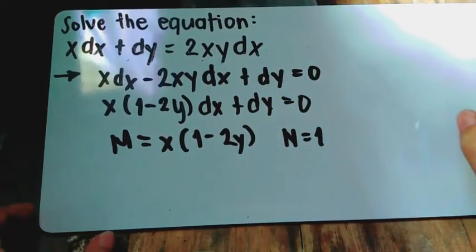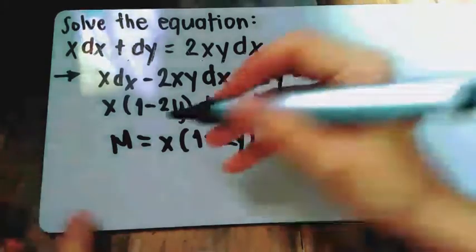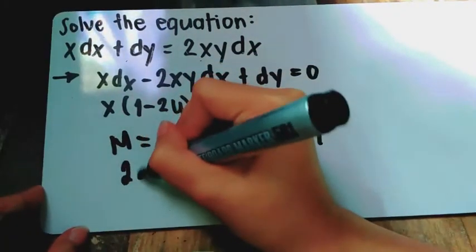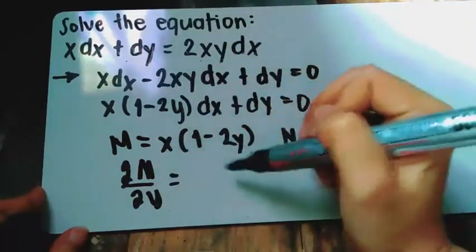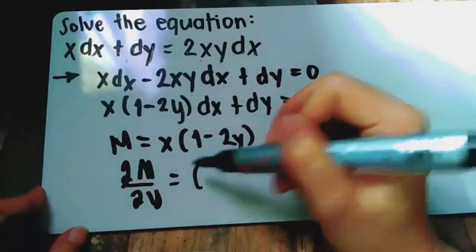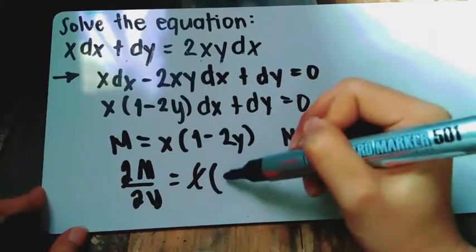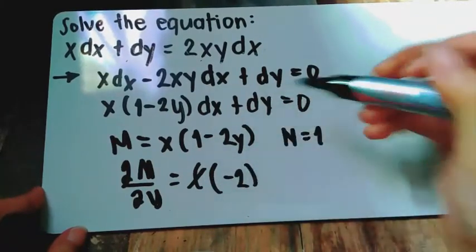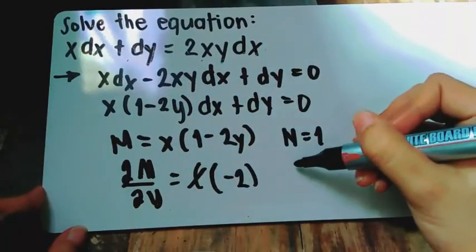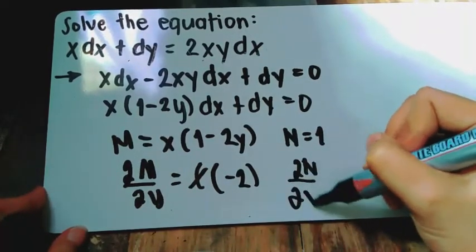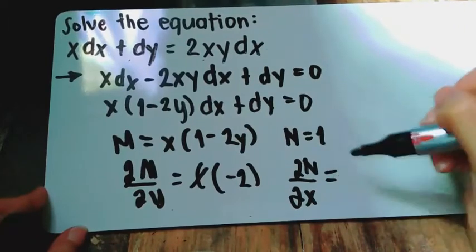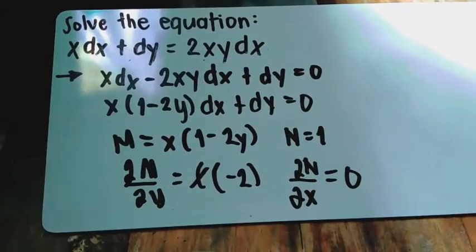So proceeding sa partial derivatives, we have partial derivatives of m with respect to y is equals to x negative 2. So partial derivatives of n with respect to x is equals to 0.